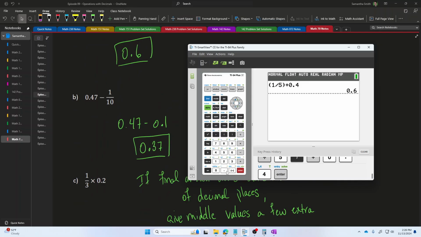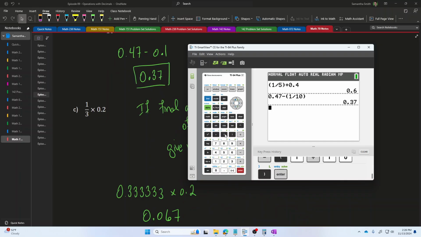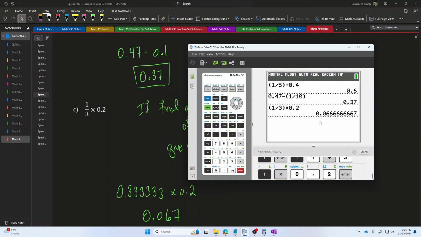In the second expression, I could do 0.47 minus, and then I'm going to subtract 1 over 10 in parentheses. And the result of that is exactly the same 0.37 that we found earlier. And for example, I could do 1 over 3 times 0.2, and this gives us 0.0 and then a bunch of sixes afterward.